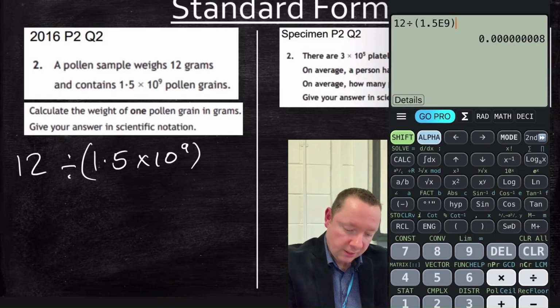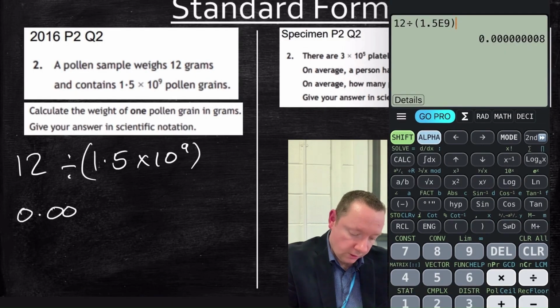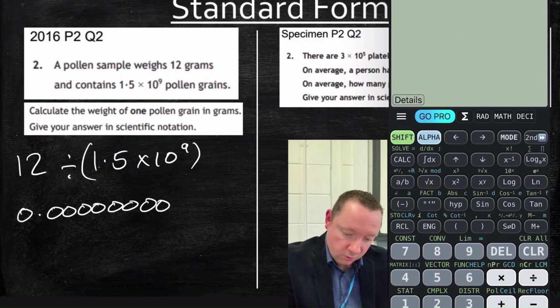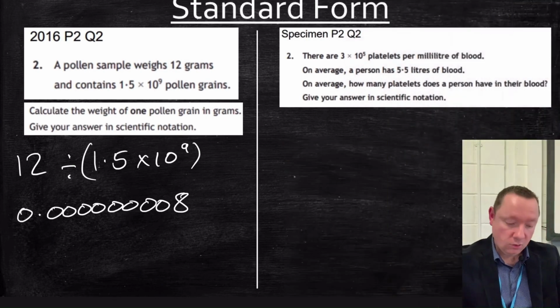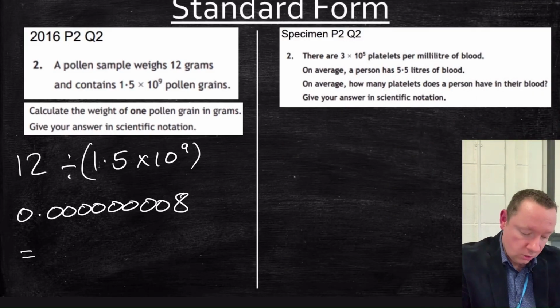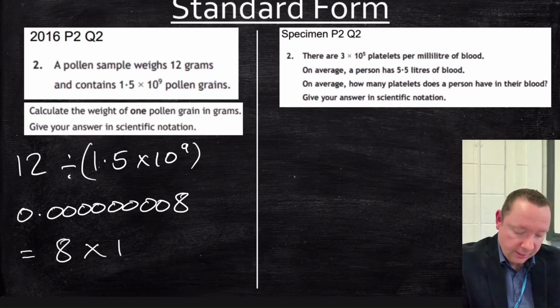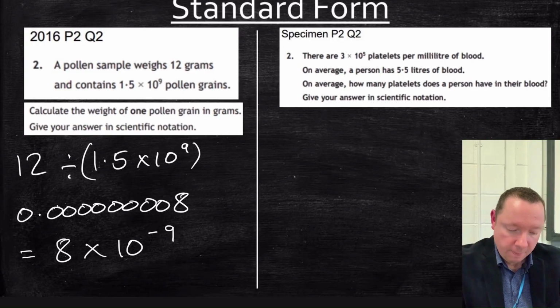So I just write that down. I have to give my answer in scientific notation or standard form. So I just do that in the same way. 8 times 10 to the power of 1, 2, 3, 4, 5, 6, 7, 8, 9, minus 9.